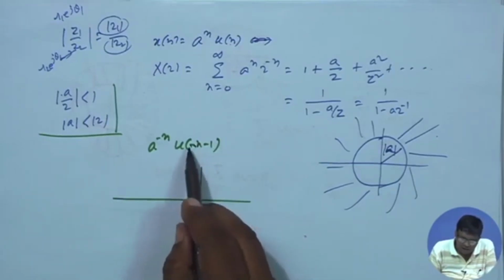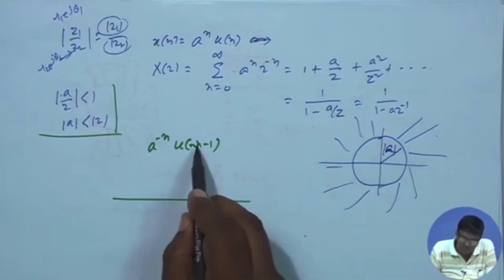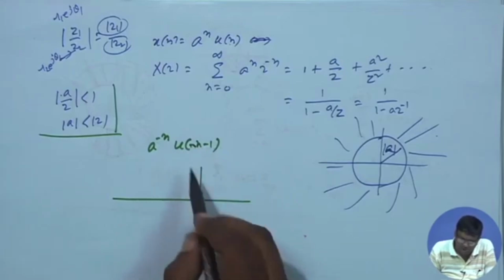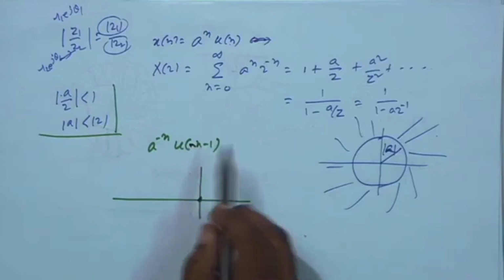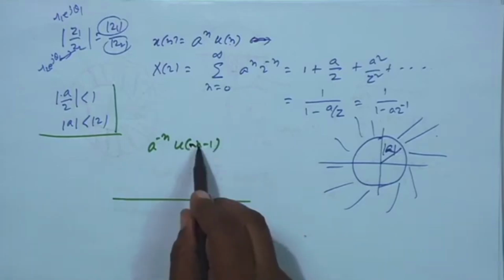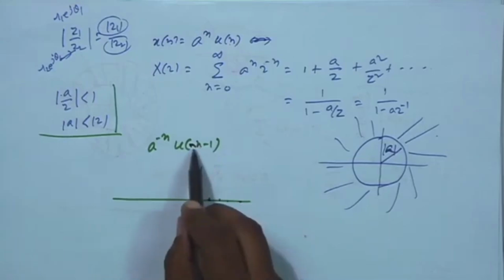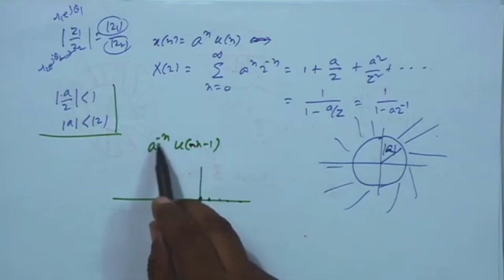At n equal to 0, it is u[minus 1], value is 0. At n equal to 1, u[minus 2], 0. N equal to 2, u[minus 3], 0. At n equal to minus 1, minus minus plus, 1 minus 1, 0, u[0] is 1, a to the power plus 1, because n is minus 1.